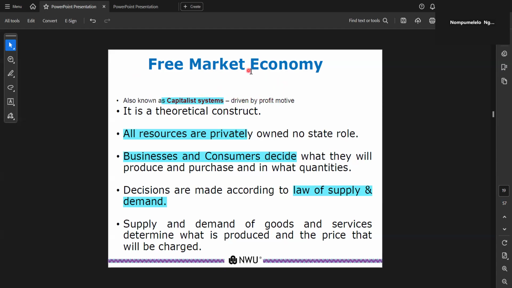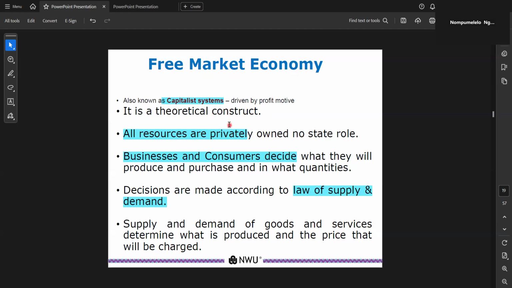And in a free market, all resources are privately owned. So the government is not involved in a free market. It should be easy to remember because it's free markets. Just think free, and government is not involved because it's free. Everyone owns the resources. That's why we say resources are privately owned, meaning that they are owned by individuals.